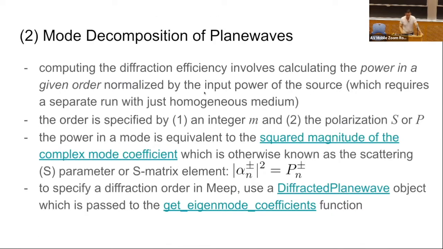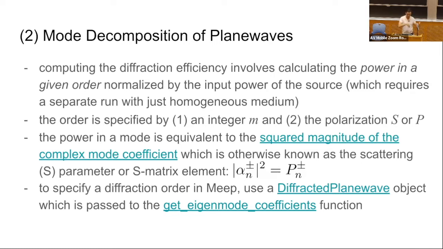And computing diffraction efficiencies is essentially equivalent to the power in the actual diffraction order normalized by the power in the input source. Okay, so we need to compute the power in the input source. We actually need to do a separate simulation where we just have the homogeneous media and the source to compute the input power.